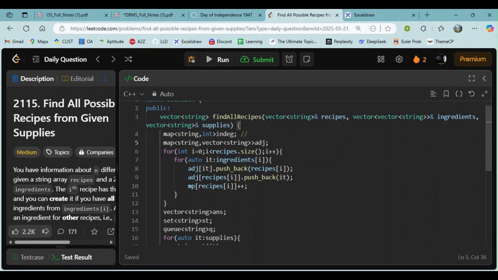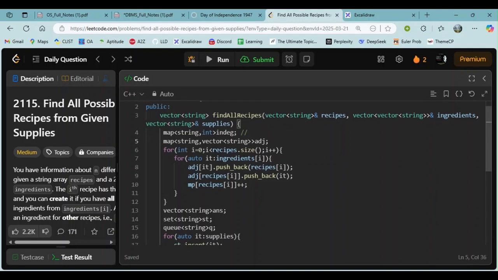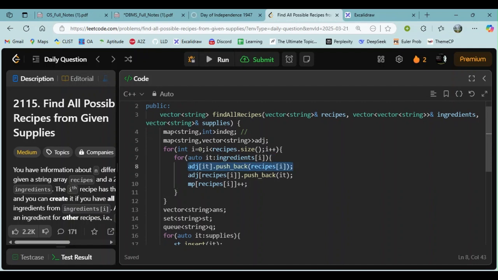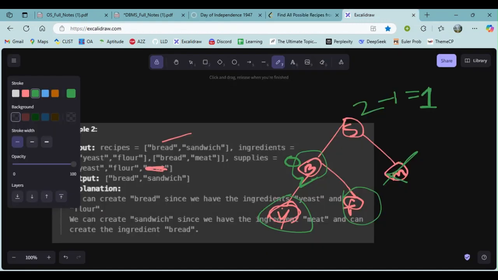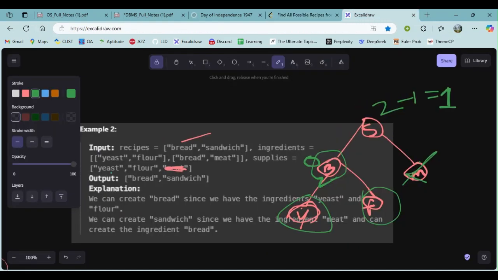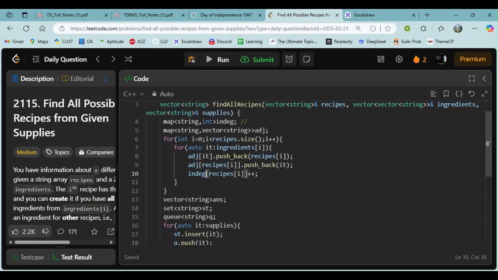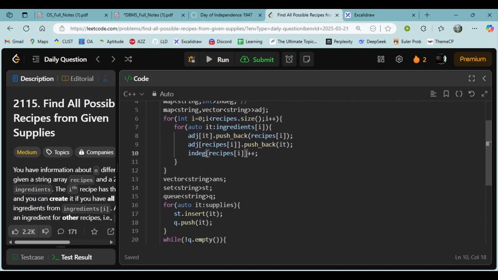Then I am going to recipes, then I am going to its ingredients, and I am connecting them in the undirected manner with the recipes. And I will increase the in degree of recipes by how many ingredients it has, like since bread has the ingredients flour and yeast, we will just increase the count by 2, since I iterate only 2 times.